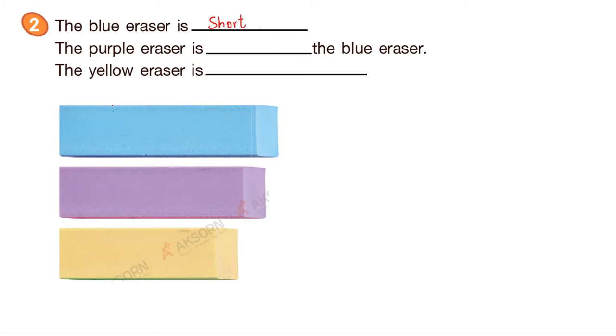The purple eraser is shorter than the blue eraser. So we say that the purple eraser is shorter than. Then the yellow eraser is shortest.